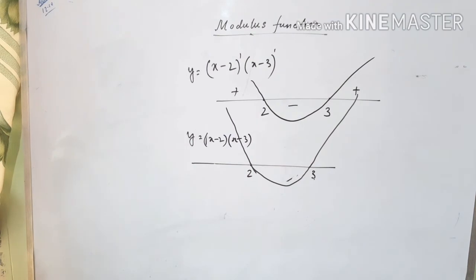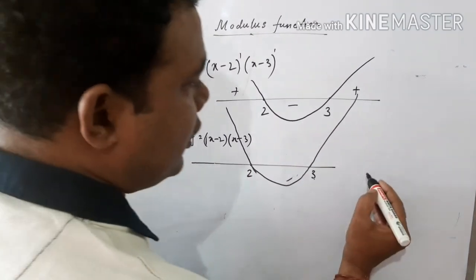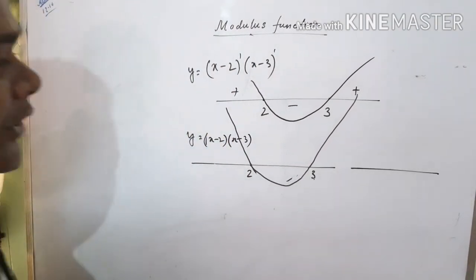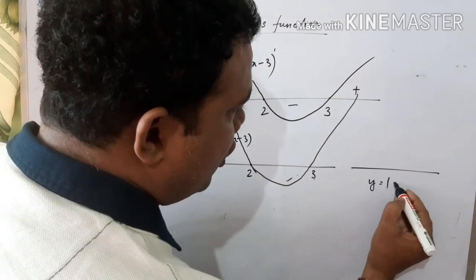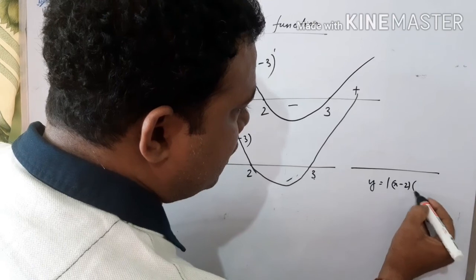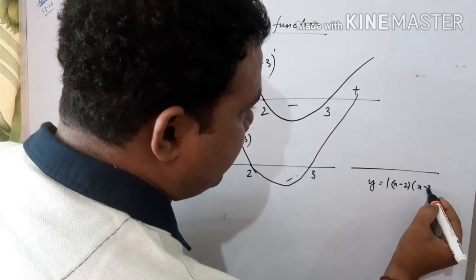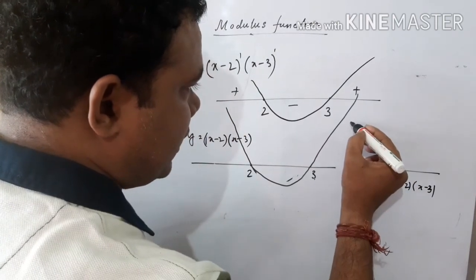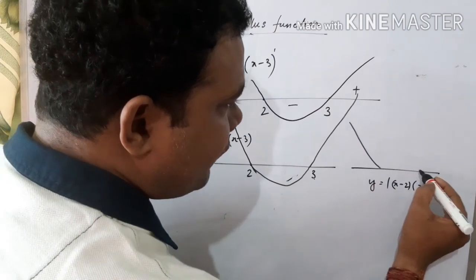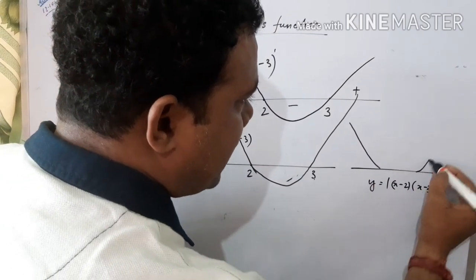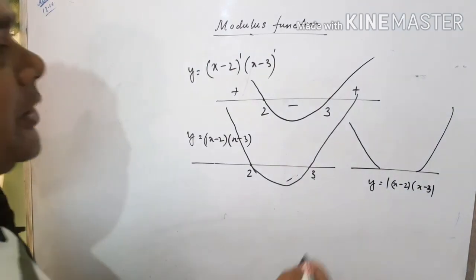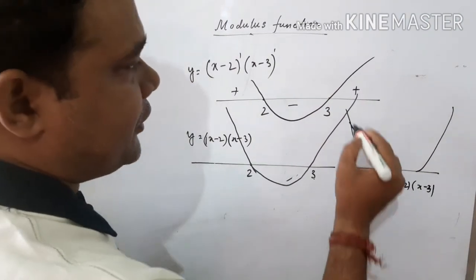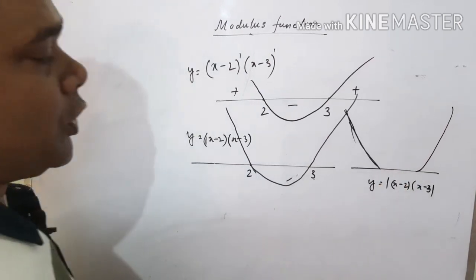Now based on this, if we want to draw the graph of y equal to mod of x minus 2 into x minus 3, let's see what will be the graph. This one is the part of the graph above the x-axis, and if there is any part of the graph above the x-axis, then there is no change in its mod value.